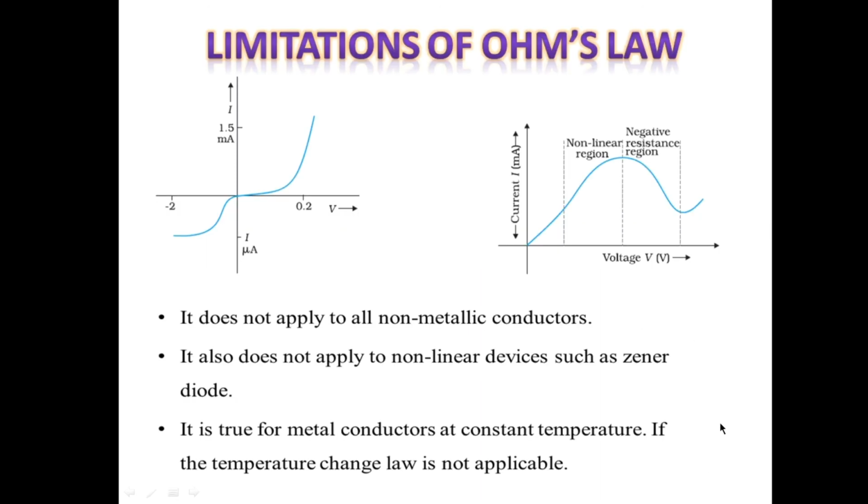That means it is obviously not applicable to insulators as well as semiconductors. But nowadays the overall electronics field is based on semiconductors only, so we are going to look into how Ohm's law is not applicable there.